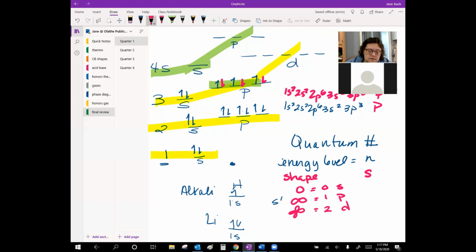So if I wanted to talk about this particular electron, he's in the 2nd energy level, so his N number is 2. And he's in an S orbital, so his S number is 0. If I want to talk about that guy, he's in the 3rd level, and his S number is a 1.